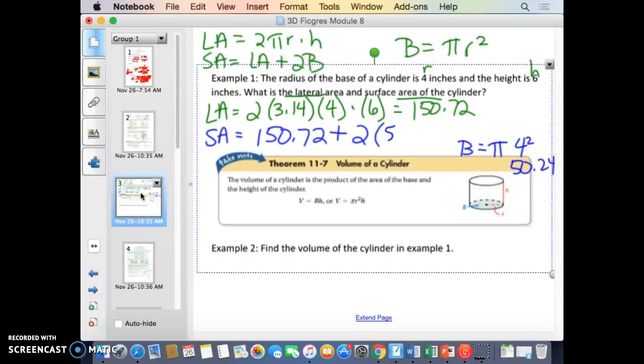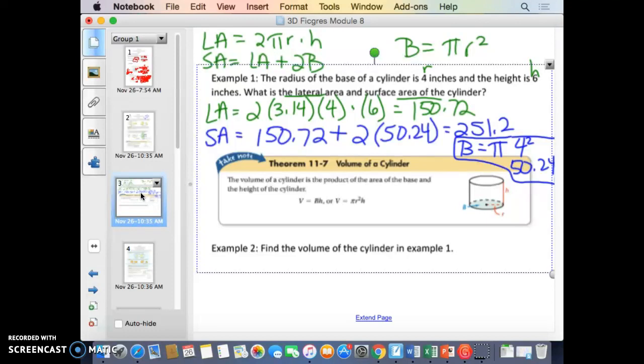So this is 2 times 50.24. When you type that all in your calculator going across, you end up with 251.2. So in this case, you did have to find what B is. Okay?